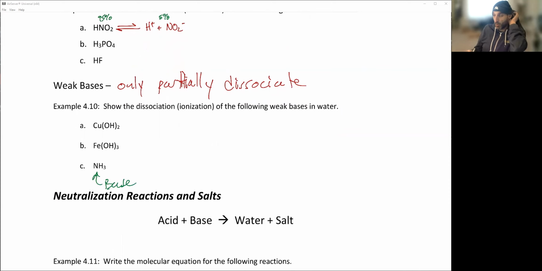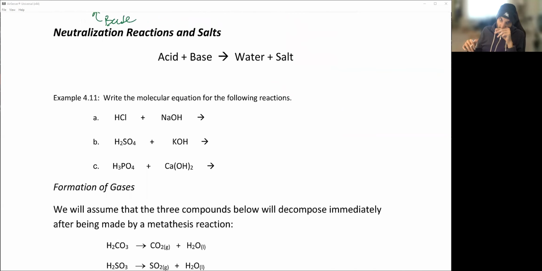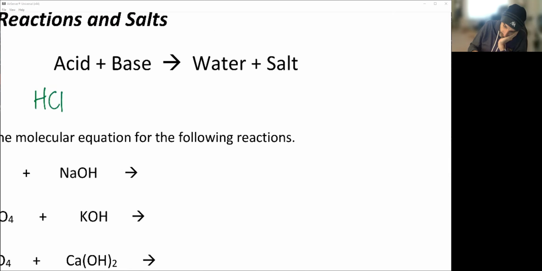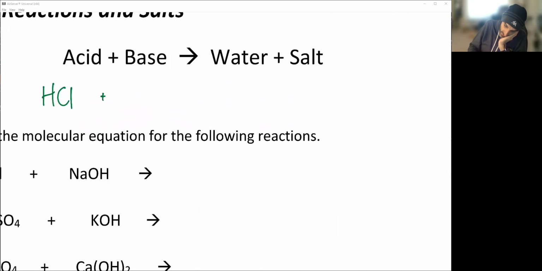Now that we understand, let's rewind a little bit. Precipitation reactions involve soluble ionic compounds. Neutralization reactions involve acid and base ionic compounds. So the process is going to be the same. I'm going to have an acid combined together with a base.